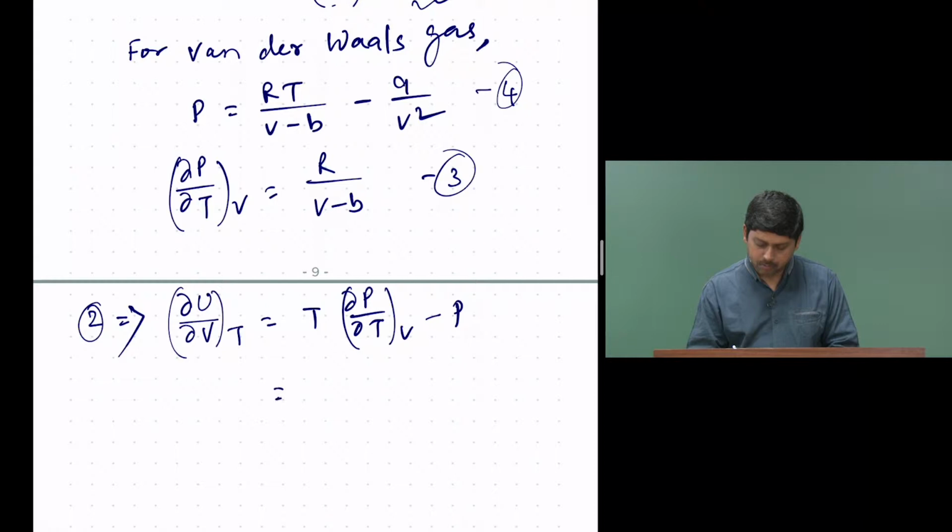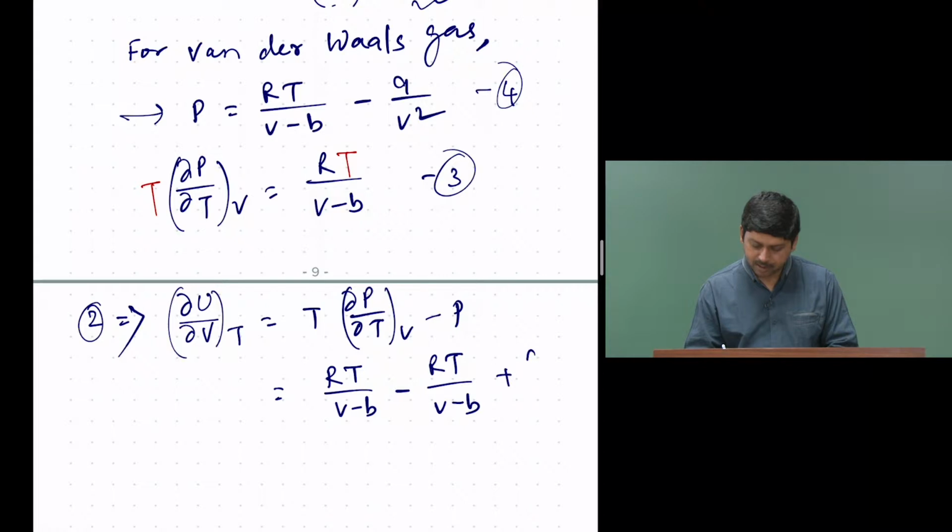So, we are going to use both. T into del P del T at a constant V will be RT by V minus B. Minus this particular quantity, RT by V minus B plus A by V square, which is nothing but A by V square.